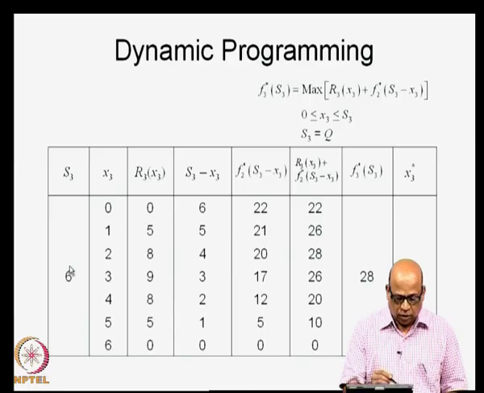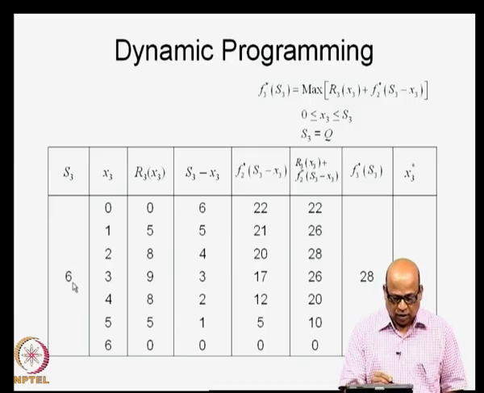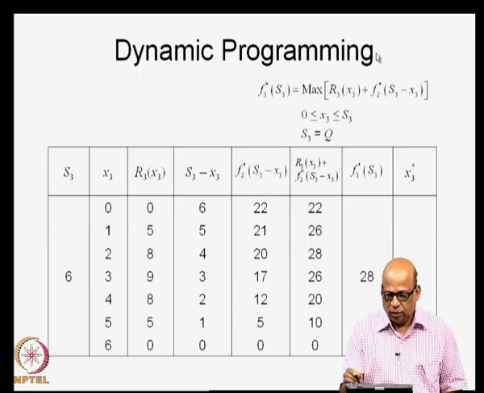So, we ask the question, if S3 is available, then how much should I allocate to user number 3? Should I allocate 0, 1, 2, 3, 4 etcetera, such that the total return that you get is maximized.